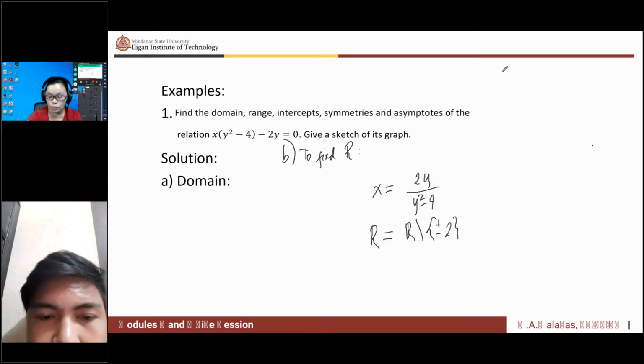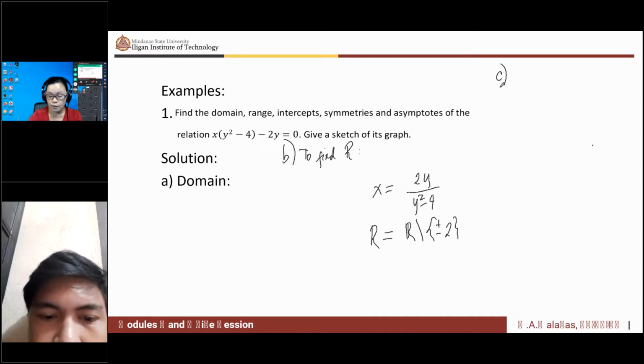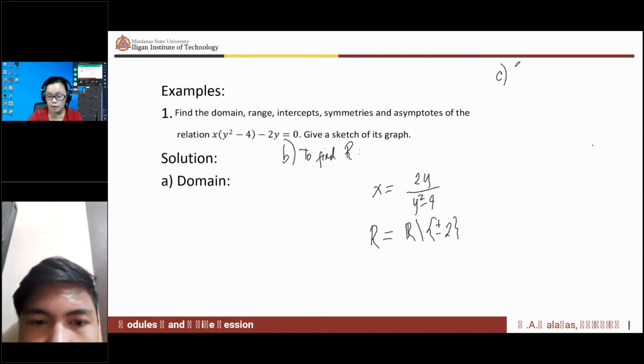And then we go to the test for, no, actually the order is not necessary, but we just have to follow the order of our discussion. So we look at the intercepts.